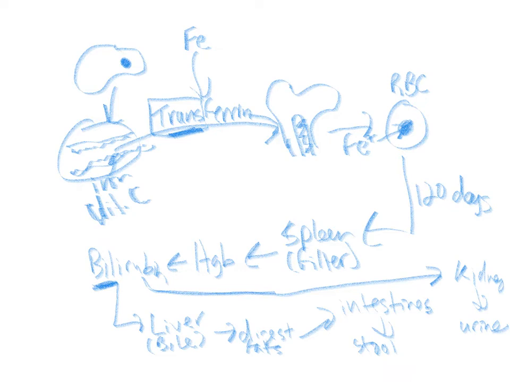If there's too much, then that usually means that there's too much bilirubin being broken down, which means there's usually a problem here at the spleen, or there's a problem here at the red blood cell. So sometimes we check the bilirubin content of urine, and if it's high, then we worry about red blood cell destruction being too high. So you can see we lose bilirubin in the urine, and we also lose bilirubin in the stool. And that bilirubin came from hemoglobin, and that hemoglobin, of course, came from the red blood cell and was made from iron.